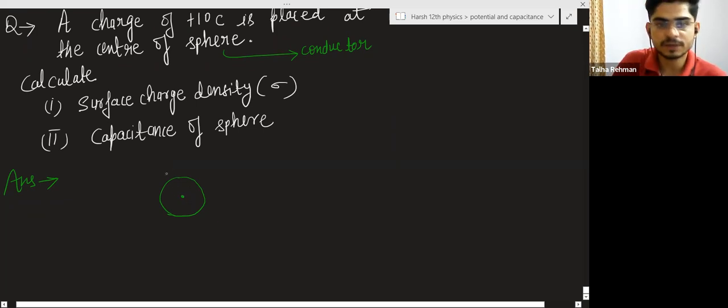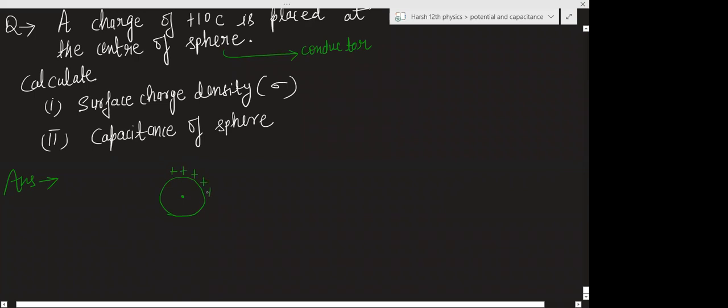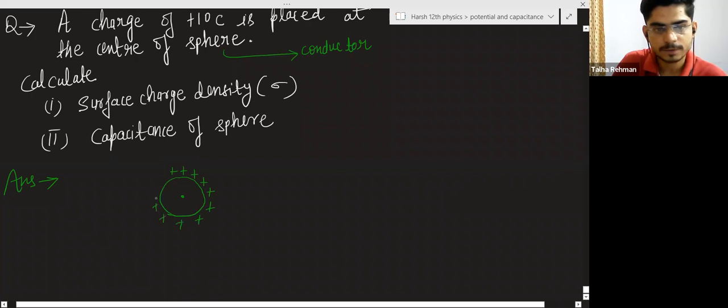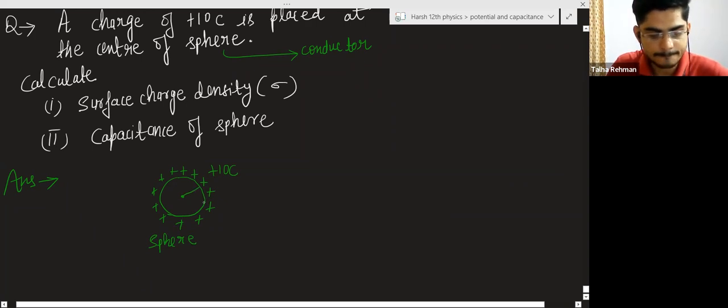The charge will spread on the surface automatically, on the surface due to induction. Now we have plus 10 coulomb charge on the surface of the sphere, and this sphere has a radius of 0.1 meter.